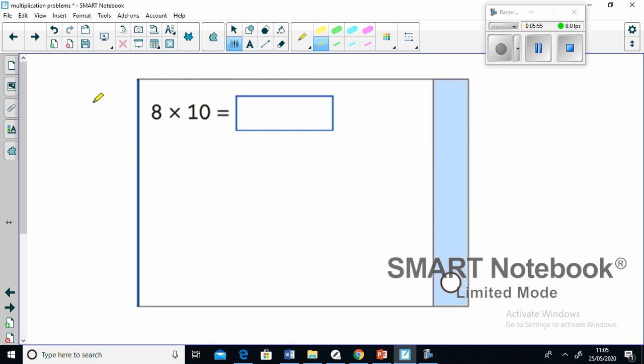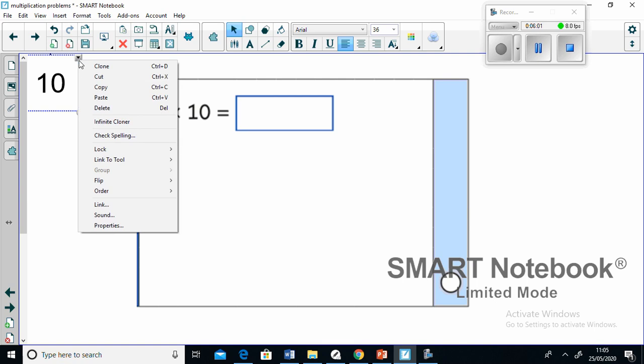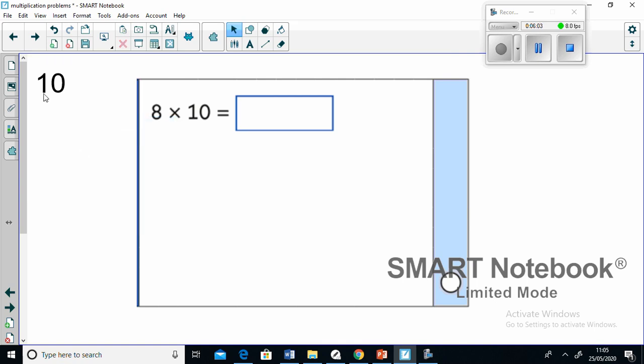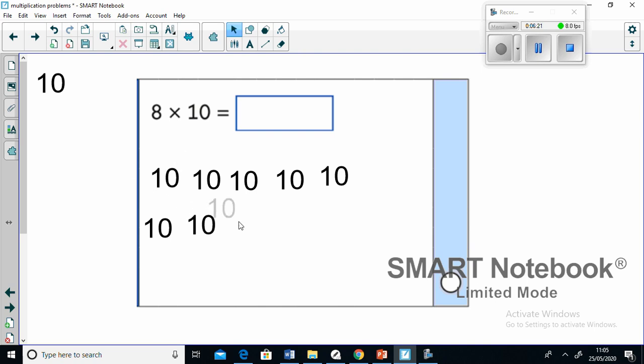Okay, I'm just going to draw a little 10 up here, and I'll just turn it into an infinite cloner so I don't have to write it again and again. Okay, so 1 group of 10, 2 groups of 10, 3 groups of 10, 4 groups of 10, 5 groups of 10, 6 groups of 10, 7 groups of 10, 8 groups of 10.